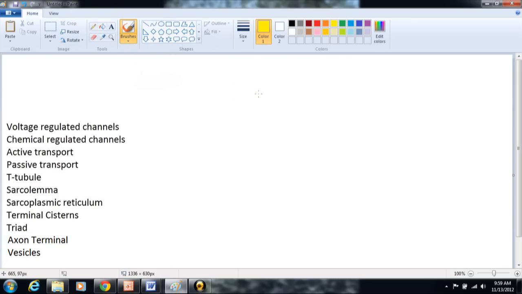We are going to start then with our axon terminal. That's the end of an axon, the end of a neuron. This is our axon terminal here. On the other side, we then have our muscle cell.